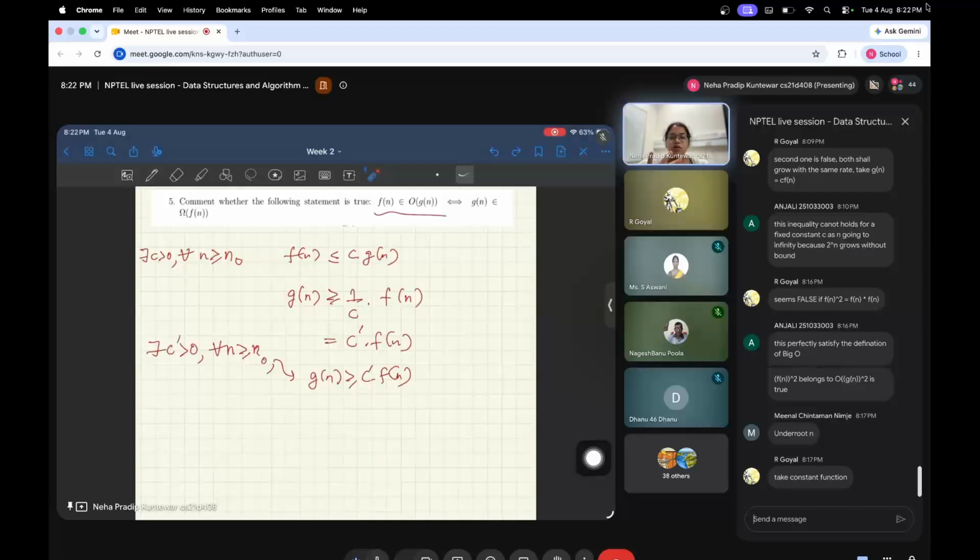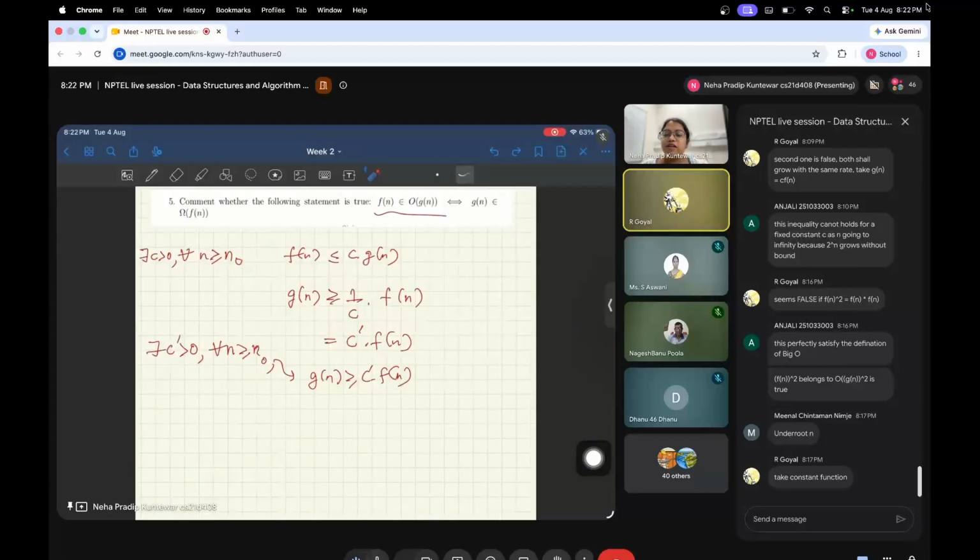Oh, I see. So your question is not even about this being little o and this being omega, right? You're just talking about little o in general. Yeah, in case of the little o, when we define that f is little o of g of n, and if we use the same definition, it's okay that instead of less than or equal to, we'll write strictly less than. But along with the strictly less than, another condition would be that for all c greater than 0, we will say instead of there exists.